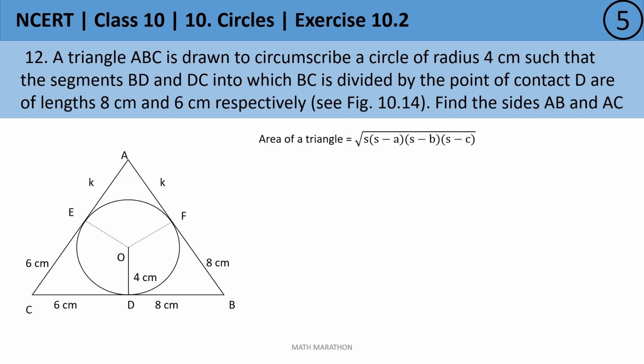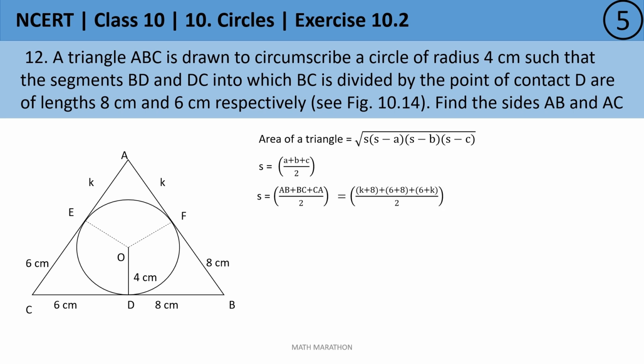In this question, we will use two different ways to calculate the area of the triangle and equate them to find K. First, let us find the area of the triangle using Heron's formula. Area of triangle is equal to square root of S multiplied by S minus A multiplied by S minus B multiplied by S minus C. S is half of the perimeter of the triangle.